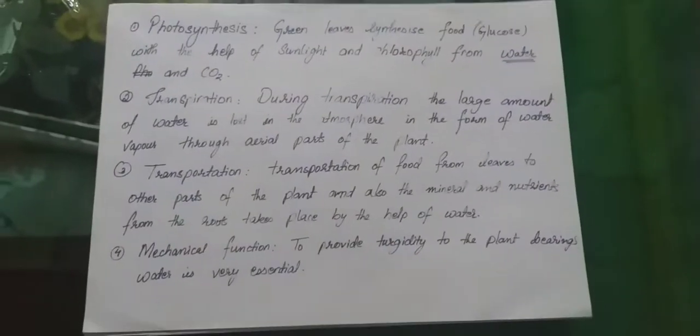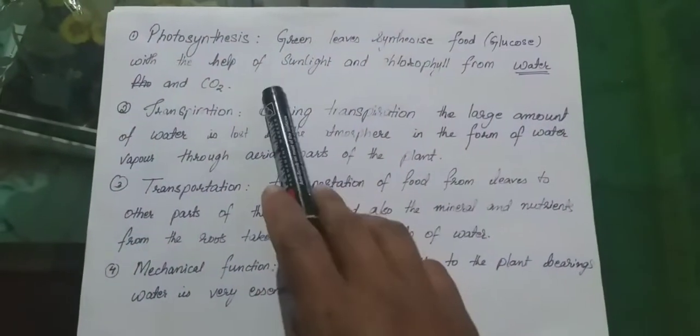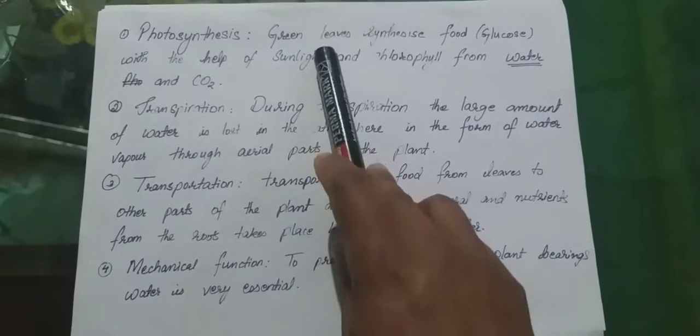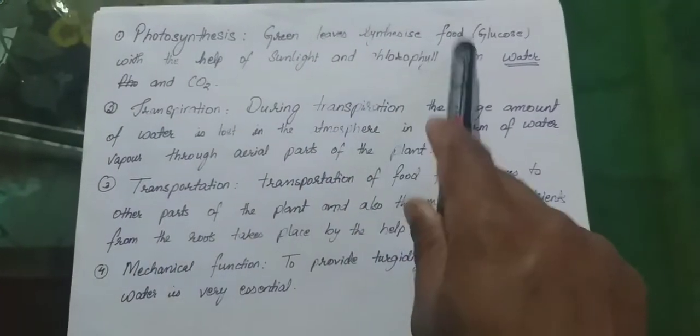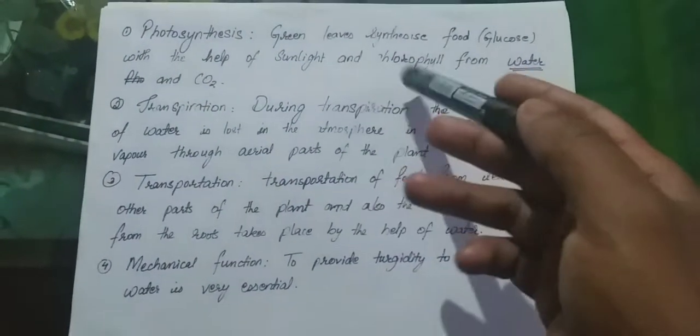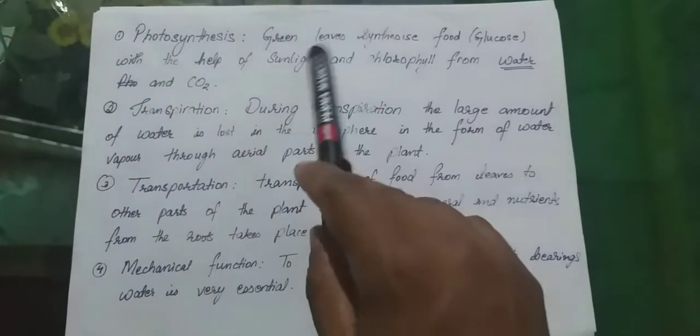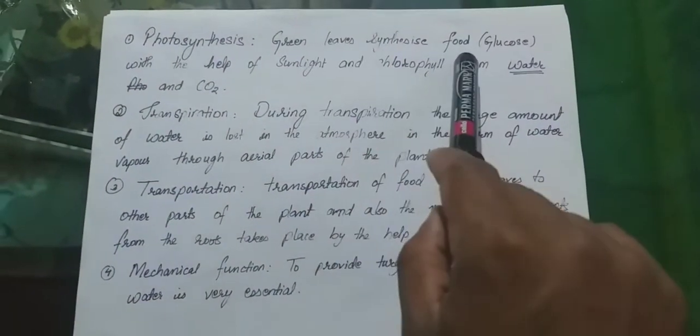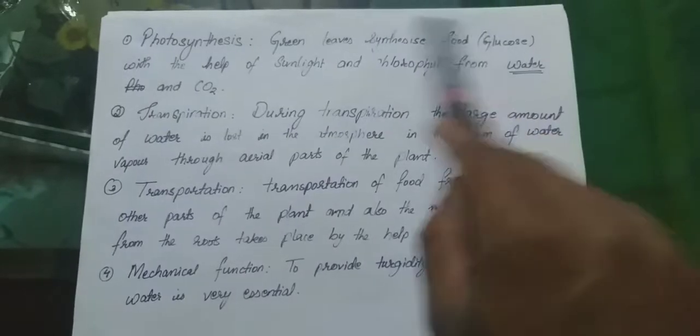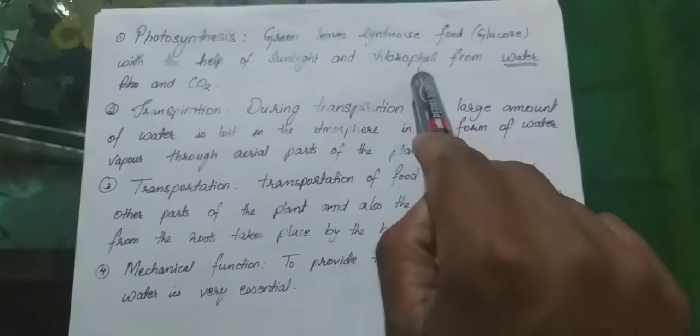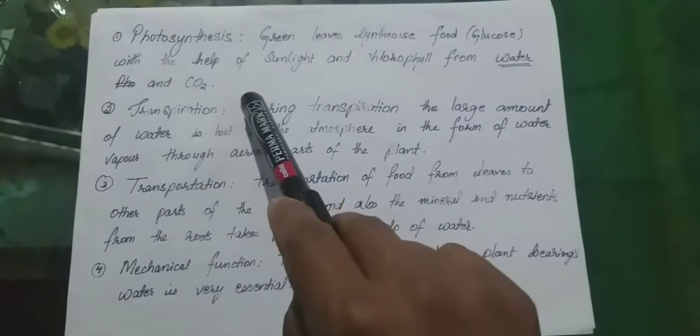Now, moving on to the different physiological processes in which water is required. Number one, photosynthesis. What is photosynthesis? Green leaves synthesize food. We will learn later in detail about photosynthesis. Just remember, green leaves synthesize food, that food means glucose, with the help of sunlight and chlorophyll from water and carbon dioxide.